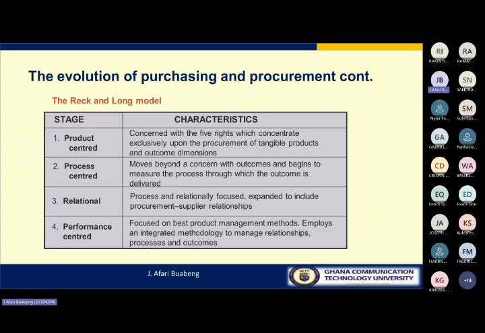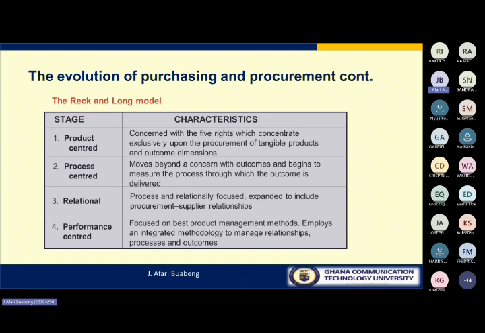it progressed to the second stage. The second stage is known as process centered. The process centered moves beyond a concern with outcomes and begins to measure the process through which the outcome is delivered. The interesting thing about this model is that once you progress to the next stage, you don't ignore the previous stage.